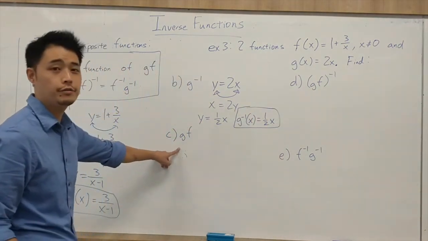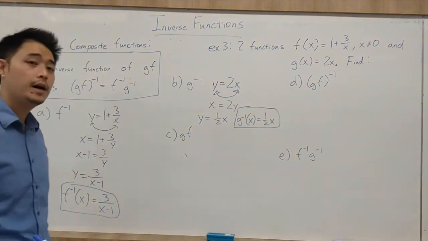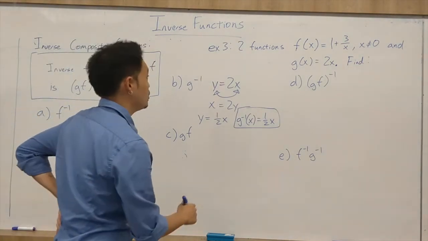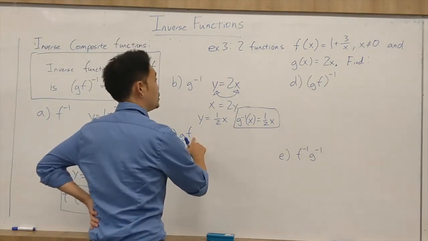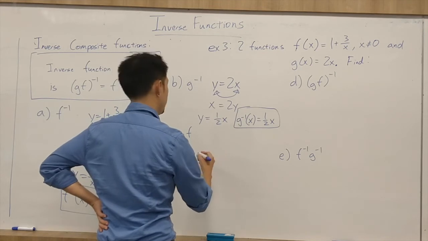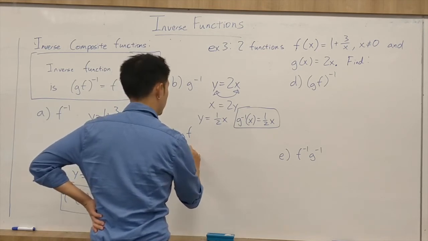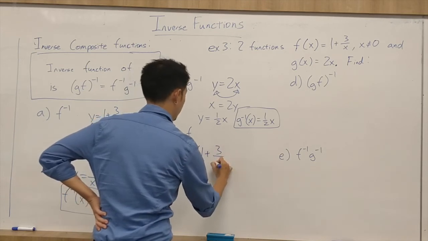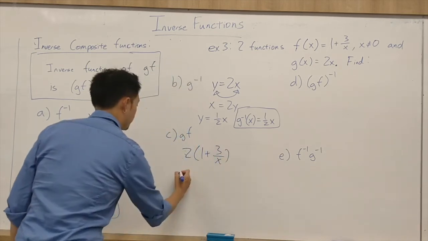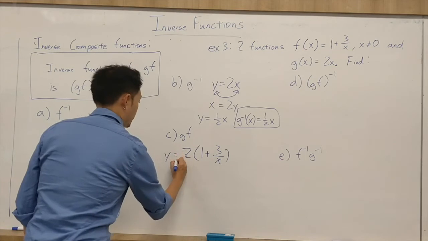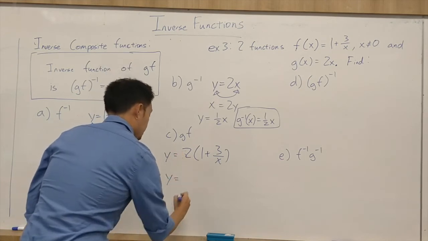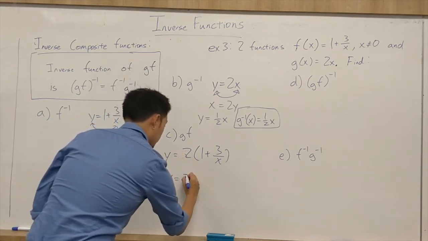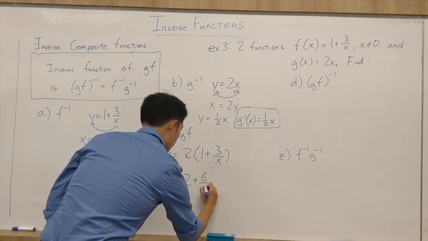Now let's look at gf. gf is our composite function. So we're going to put f inside of g. So that means 2 times 1 plus 3 over x. That means we have 2 plus 6 over x.